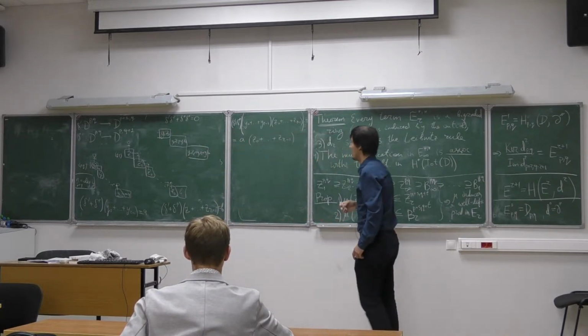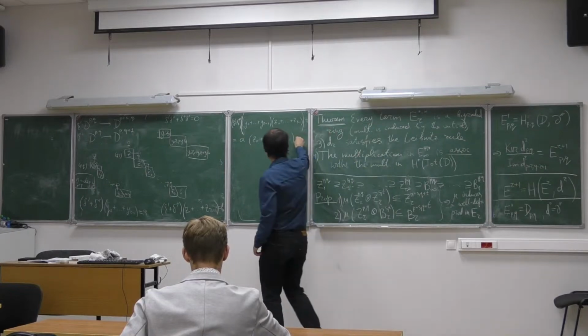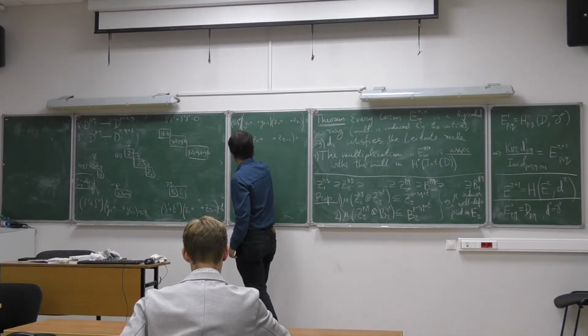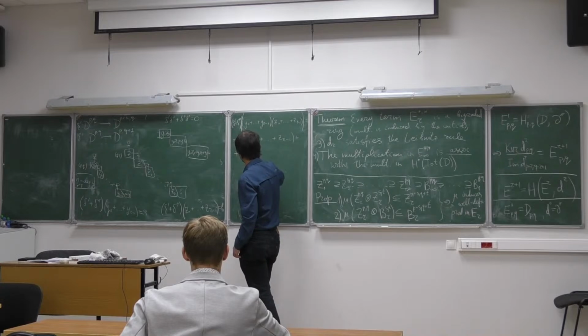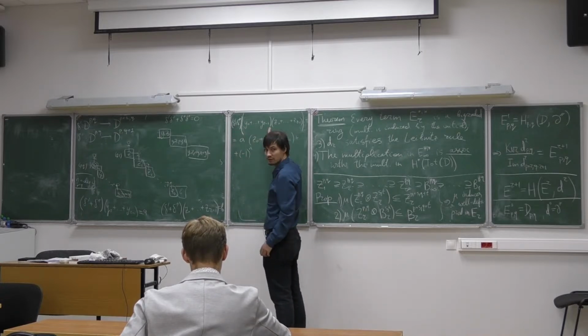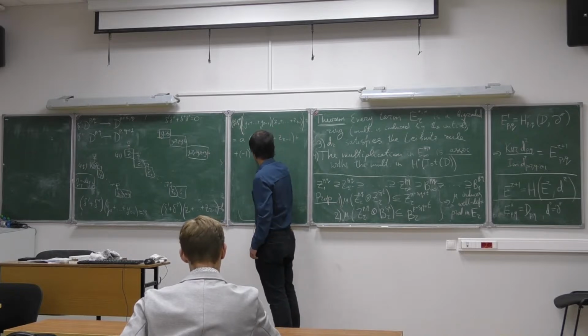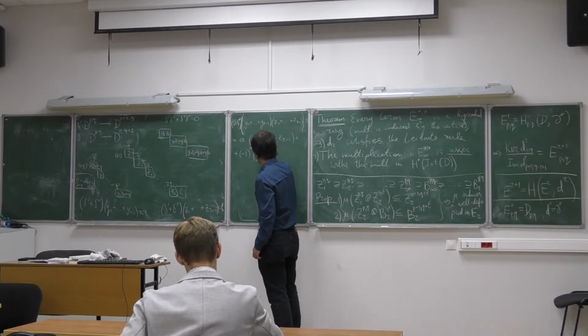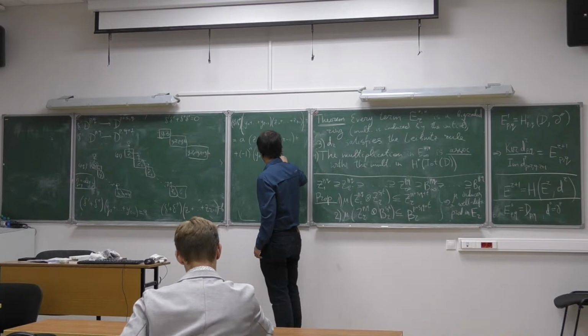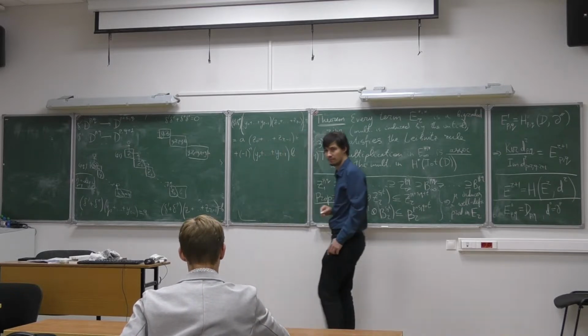But then I have another term: minus 1 to the power n, the degree of this, and I apply the differential to here. I have y0 plus yr minus 1 multiplied by B.